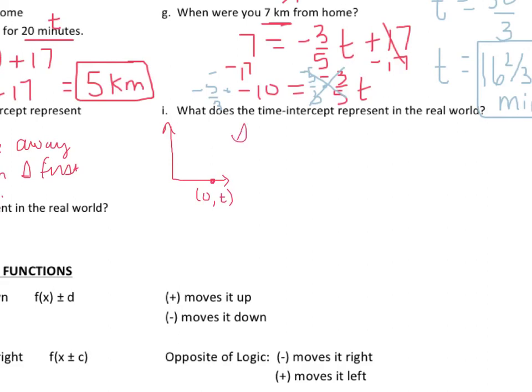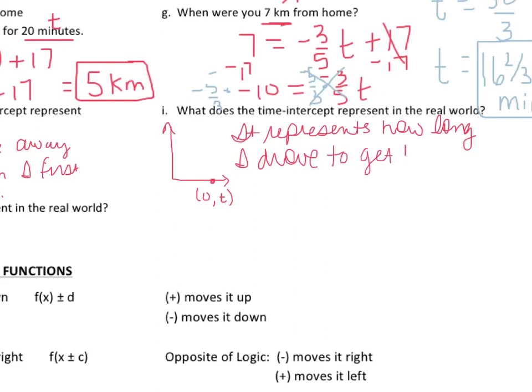So it represents how long I drove to get home. And that would work. Or you could say it represents how long I drove when I arrived at home, or when the distance from my home was 0.